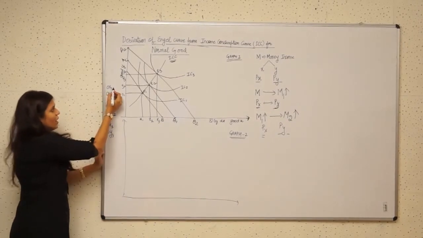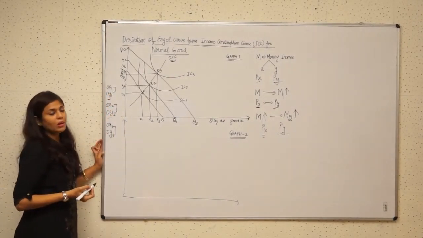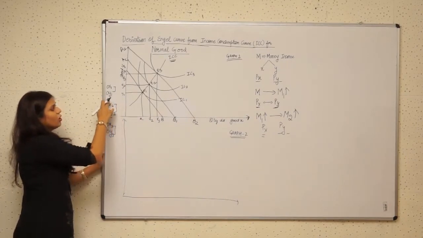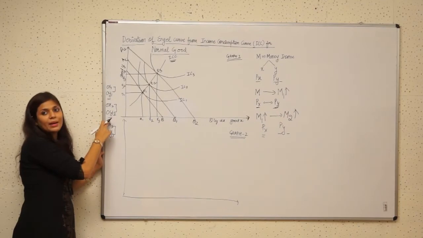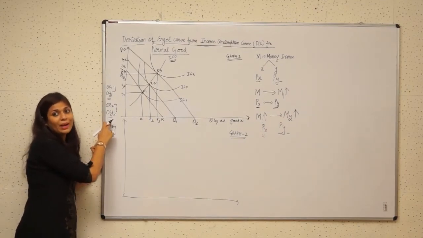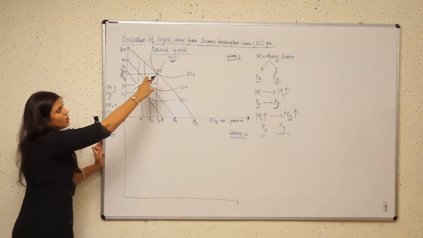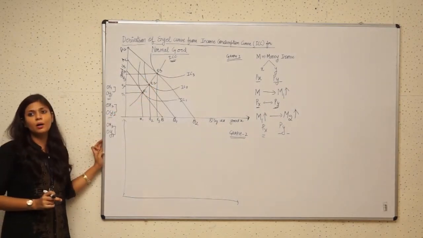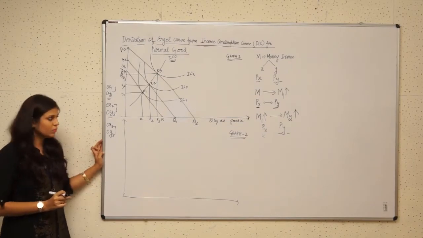Earlier the consumer was consuming one combination, then there was an increase in the combination because of an increase in the money income. So the income consumption curve is an upward sloping curve, or we say that it has a positive slope.